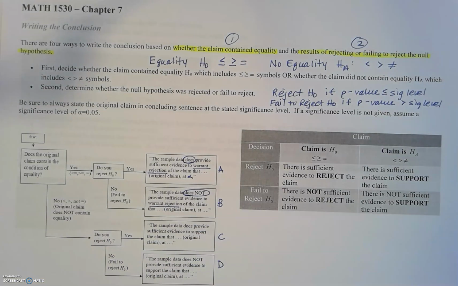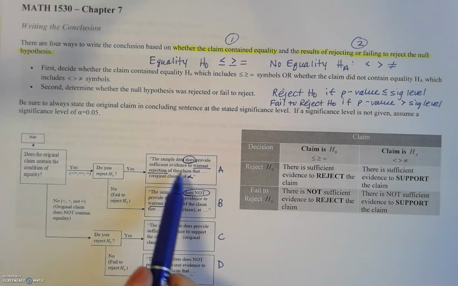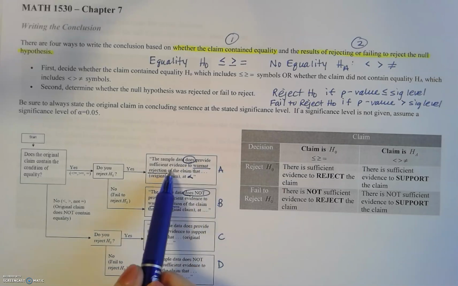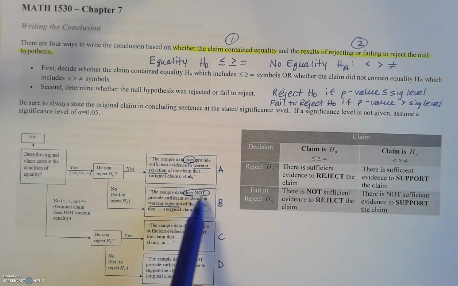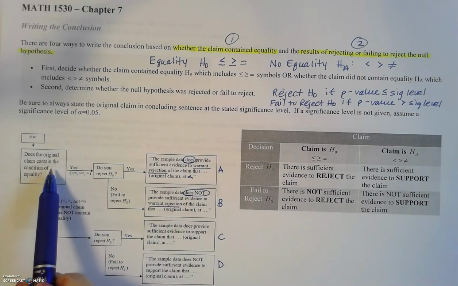So if it contains equality, you're going to have rejection. You're going to reject the claim. And whether it has enough evidence, it would be does provide sufficient evidence, or it does not provide sufficient evidence.